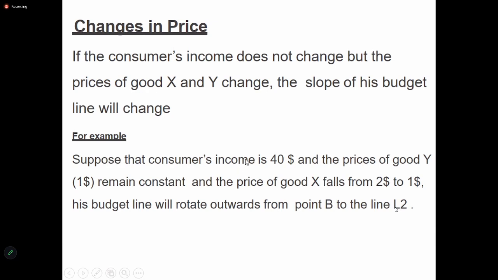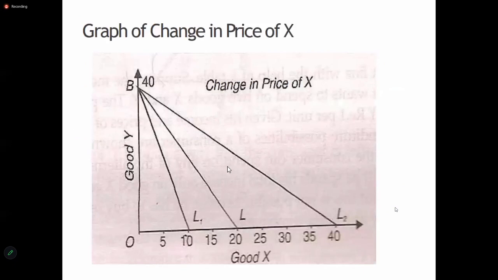Suppose the consumer's income is $40 and the price of good Y remains constant at $1, and the price of good X falls from $2 to $1. See, income is fixed, but the price of the good is changing. So the budget line will rotate outwards from point B.